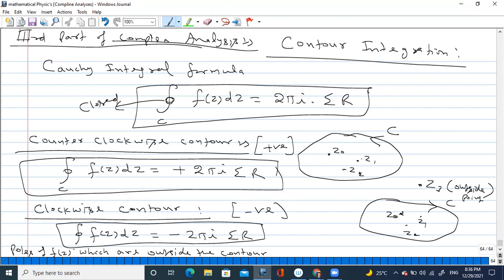Actually, the contour is a region where the function is defined, so for that region only we have to find out the integral. So poles of f(z) which are outside the contour are not considered. This thing also you have to remember.